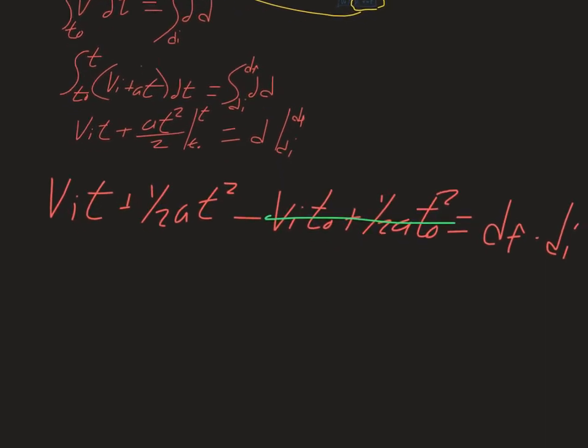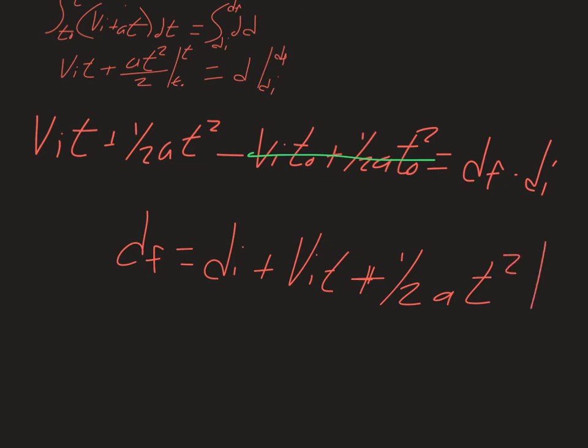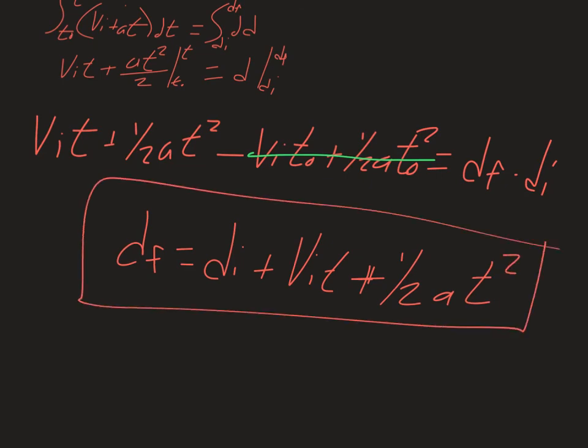Because it cancels out all of that term, I can then just algebraically rewrite this as d final is equal to d initial plus velocity initial times time plus 1/2 of acceleration times time squared. And you should have your second kinematics formula.